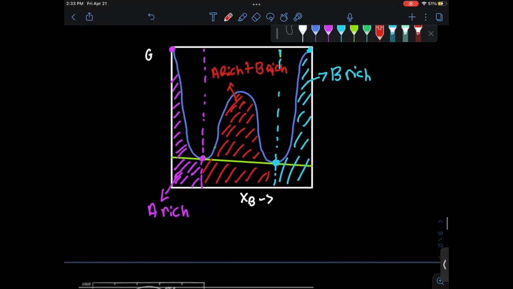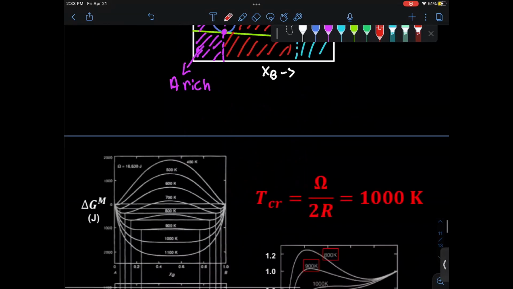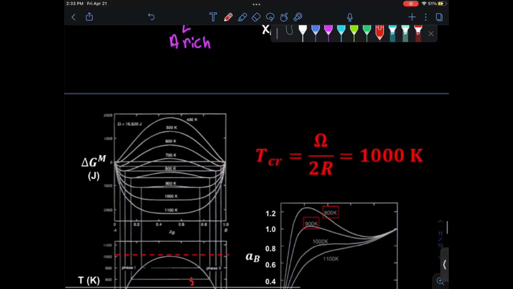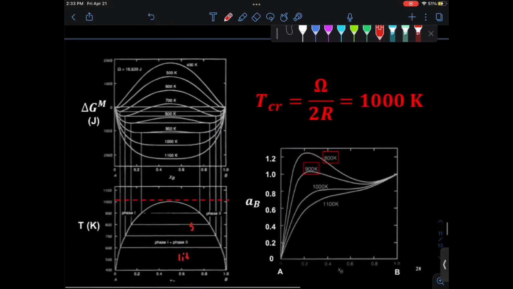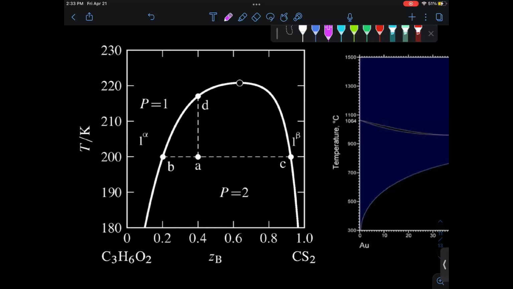Let's look at some examples. I don't want to look at these just yet. Some example here. So let's see what's happening at this temperature. I'm in one phase. This is rich in C3H6O2, whatever that compound is.